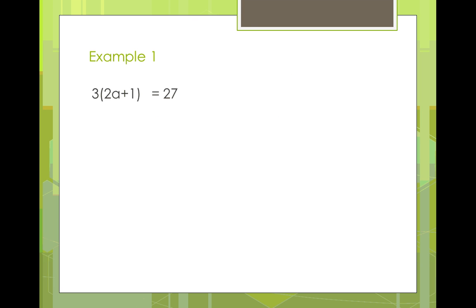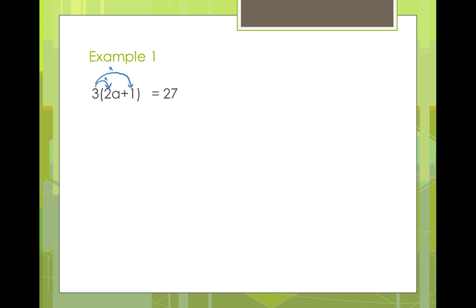Alright, let's have a look at that first example and see what sort of approach we can take. I've suggested that one way we can solve these is to expand the brackets by using the distributive law. So let's remember what that's all about. It means we're going to do some multiplying of both of these things.